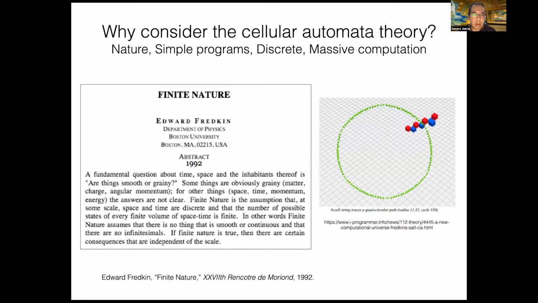Indeed, Edward Fredkin in 1992 conjectured a principal problem that is known now as finite nature, related to the idea that probably the final goal is that all domain will be discrete. Under this assumption, cellular automata is an ideal model to study these implications.